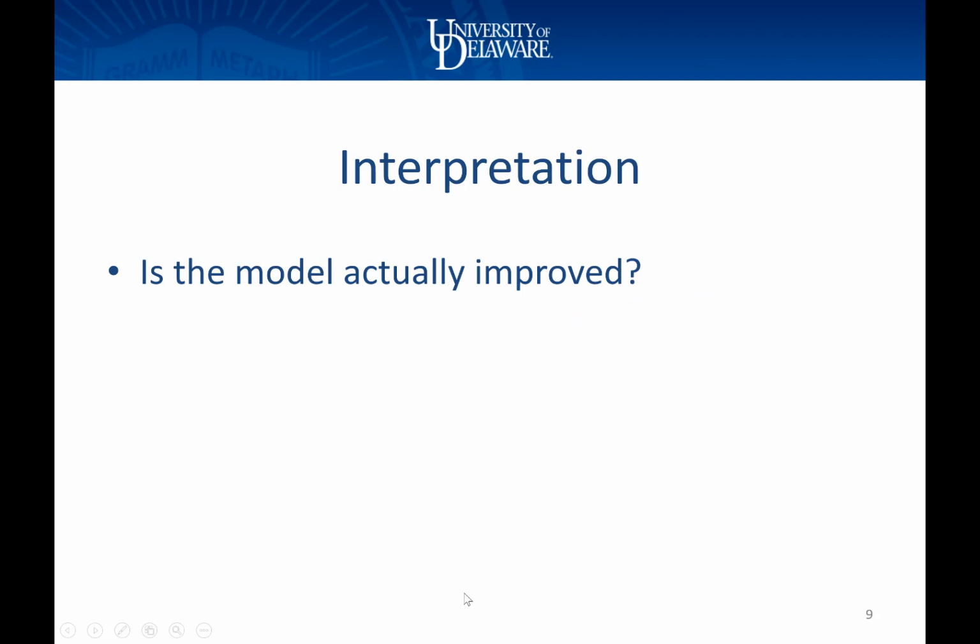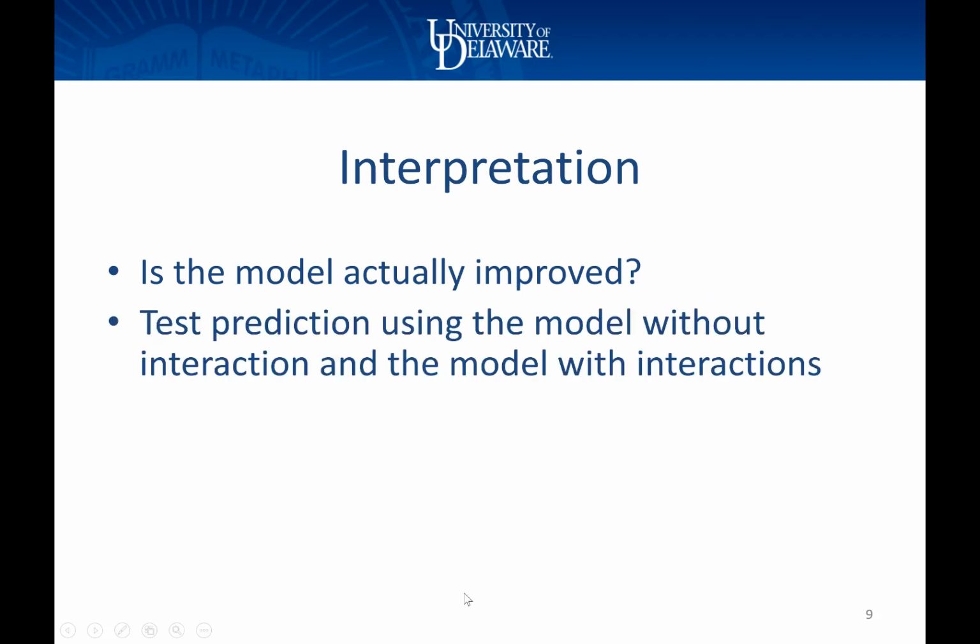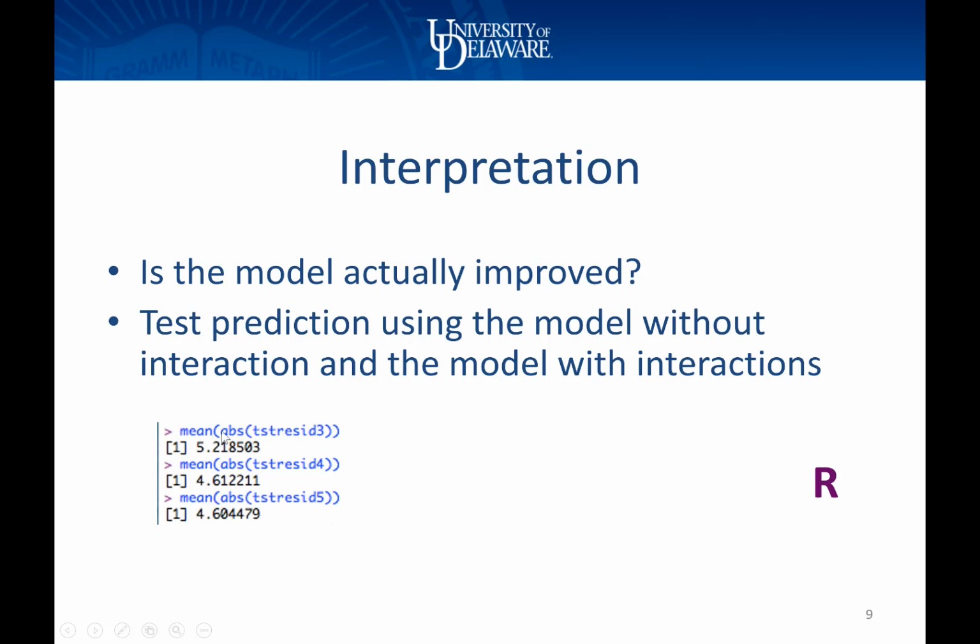So is the model actually improved? Well, let's look at the prediction errors with and without interactions and compare. Just like we would compare the training to the test data and make a decision about stability and accuracy, let's talk about improvements. So we'll take the mean absolute error for the model with just tip, for the model with tip and credit, and for the model with tip, credit, and their interaction.